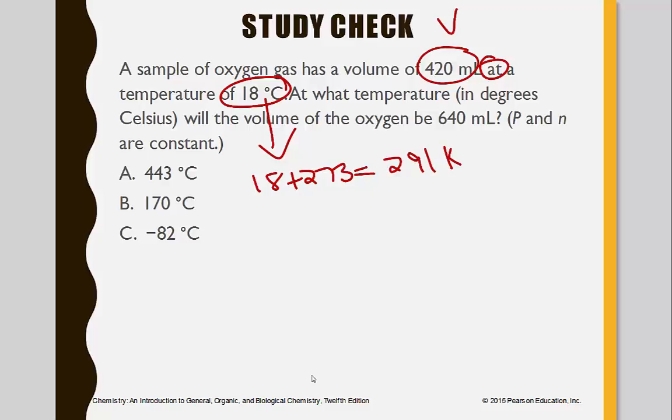At what temperature in degrees Celsius, notice that they're asking for it in degrees Celsius, will the volume of the oxygen be at 640 milliliters? That's going to be our V2.